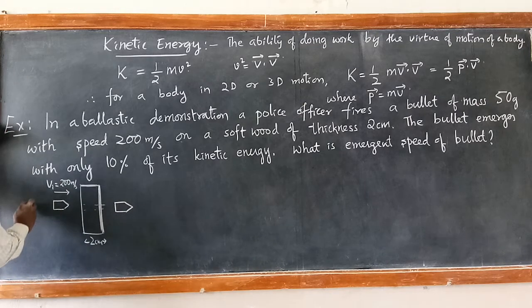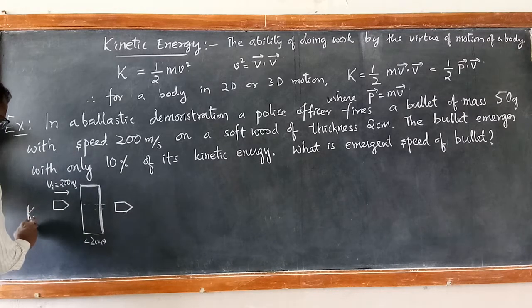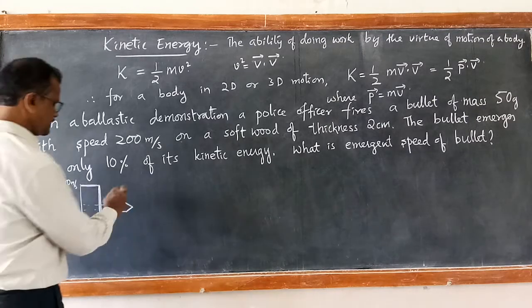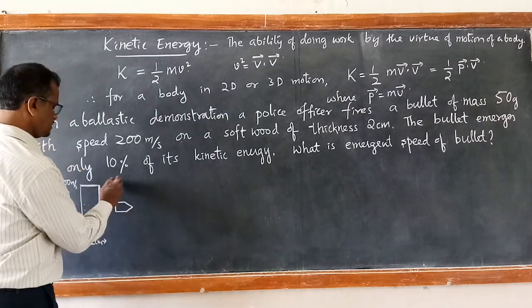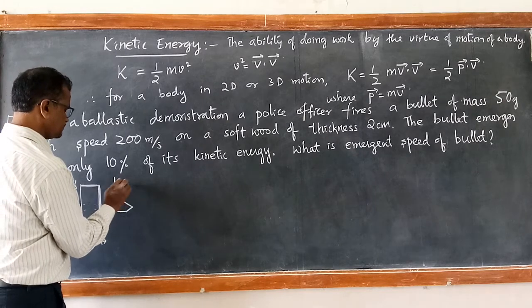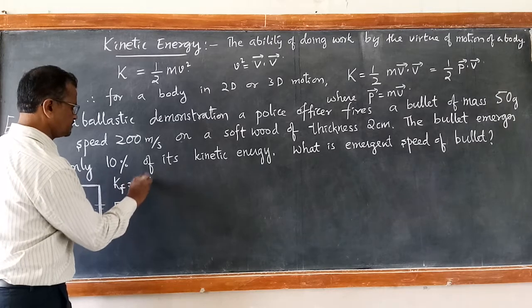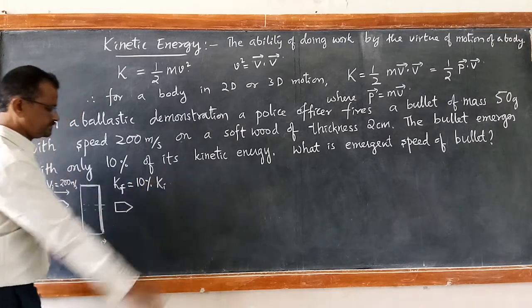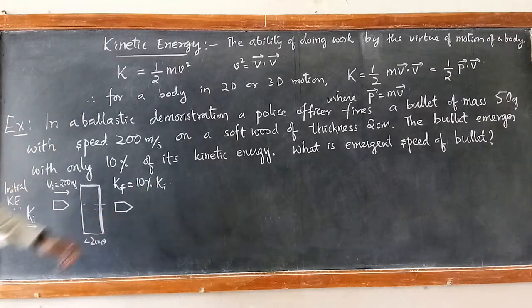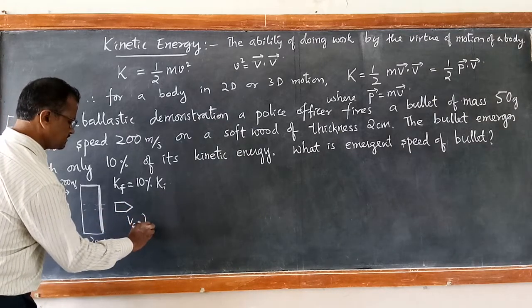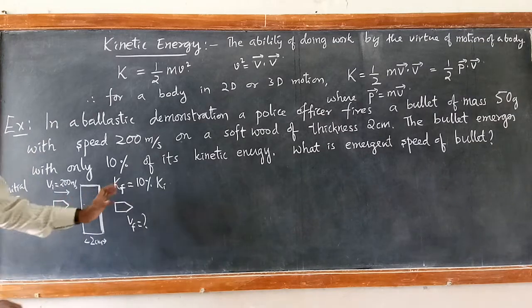If the initial kinetic energy is Ki, the final kinetic energy when it emerges, Kf, is equal to 10% of Ki. If this is the given condition, what is its final velocity? How much is its emerging speed when it comes out of this softwood?